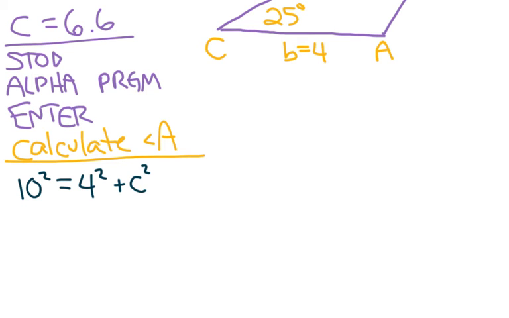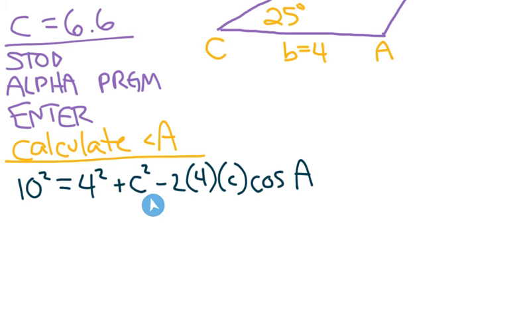Now notice I'm just putting C squared right now, and I know that I have that stored in my calculator, so later we'll actually use that value in there. Alright, so 2 times 4 times C times cosine angle A. Alright, ultimately we're going to get an answer and we'll have to calculate the arc cosine of whatever we have and work with that. Okay, so there are actually 2 ways we can work with this.